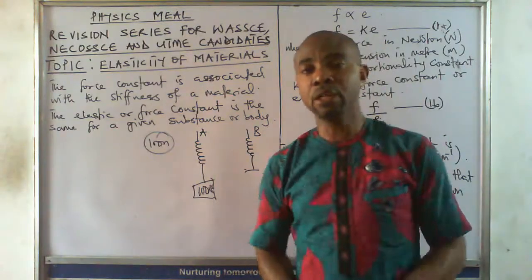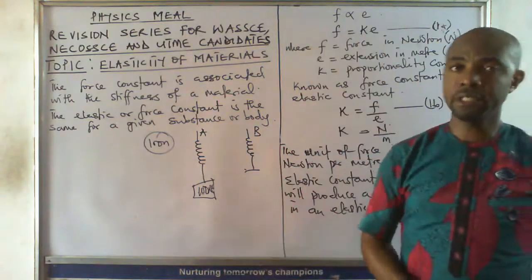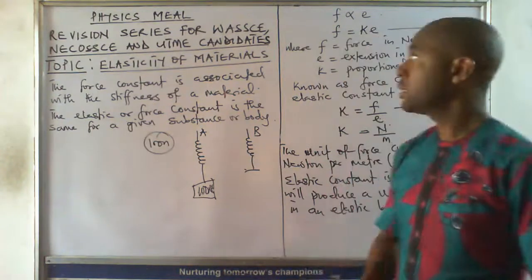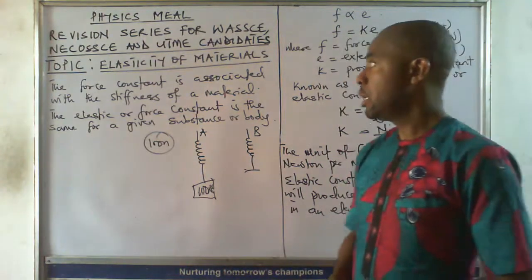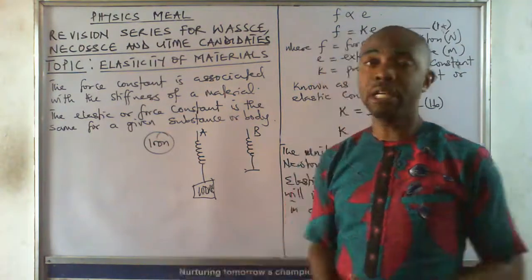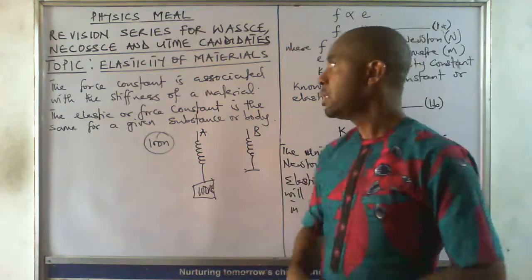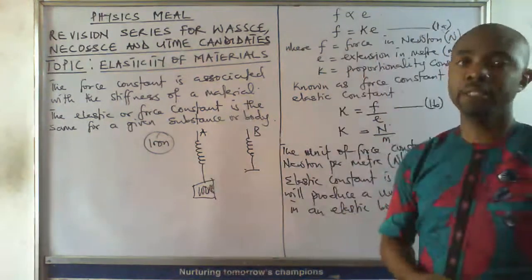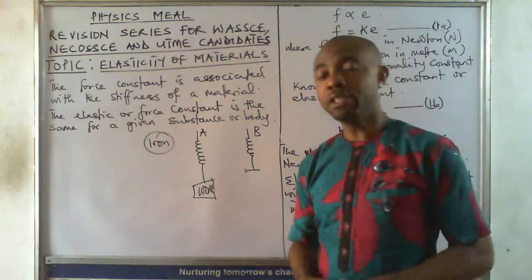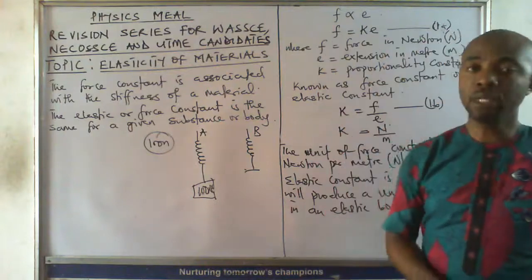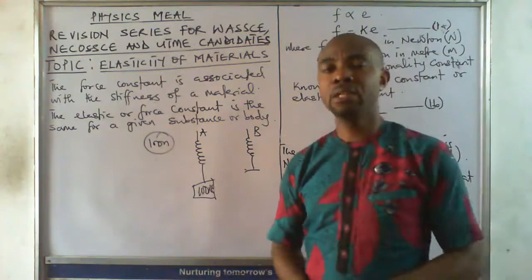Remember, we are still on this revision series for students preparing for the NECO SSC, WASSCE, and UTME. That's the revision series for WASSCE, NECO SSC, and UTME candidates. We are still on physics, and the topic we have been looking at is elasticity of materials.